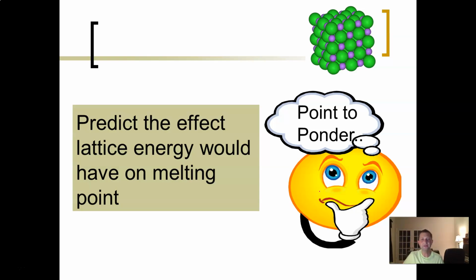So the higher your lattice energy is, the higher your melting point is going to be, because it's going to take more and more energy to break that attraction between parts of that compound and turn them into the liquid state, where there's less attraction compared to the solid state, right? So if you have something with a lower lattice energy, the attraction isn't as strong, then it's going to take less energy to melt that.